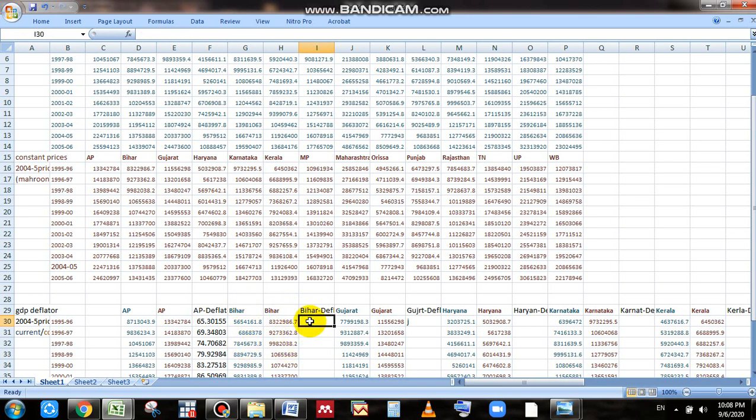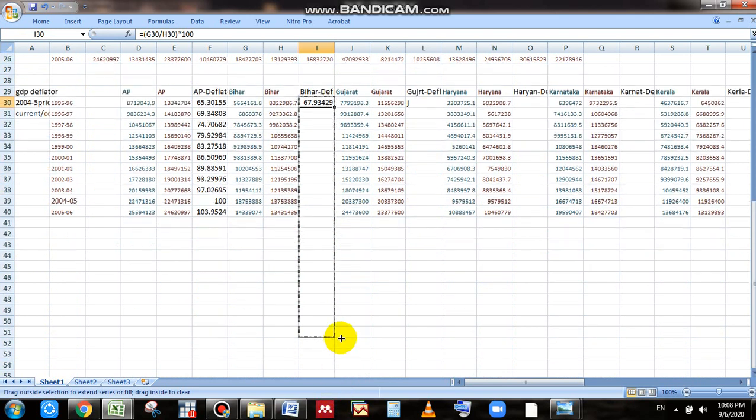Type equal to, bracket open, select the current prices divided by constant prices into 100, enter. So this is the GDP deflator of Bihar from 1995 to 2005-06.